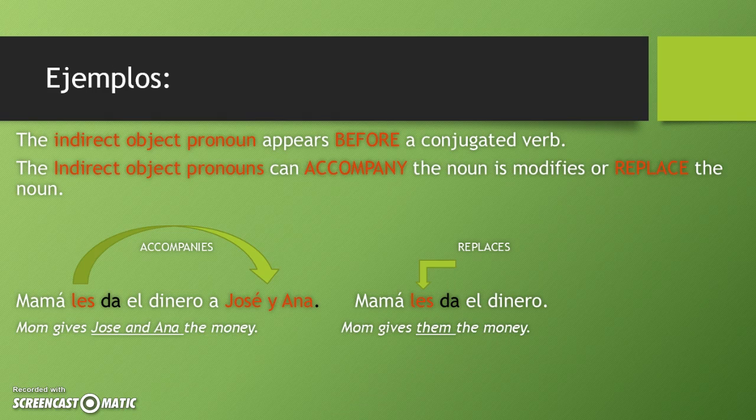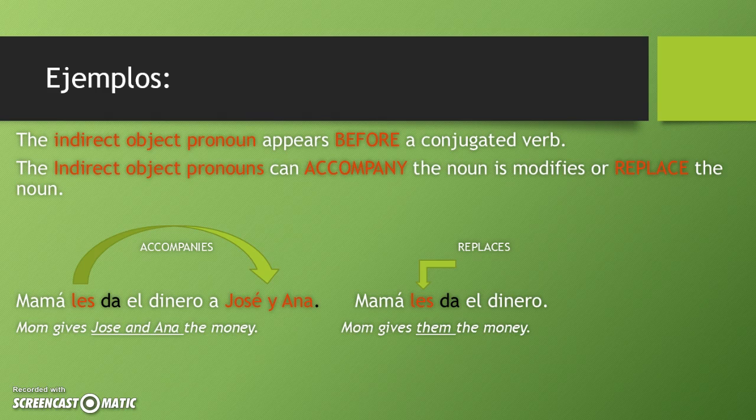Unos ejemplos. So the indirect object pronoun will appear just like we did before with direct object pronouns before a conjugated verb. So in this circumstance, we have either the indirect object pronoun accompanying the noun it modifies or in some circumstances replacing it. So notice I have the first one, Mamá les da el dinero a José y Ana.